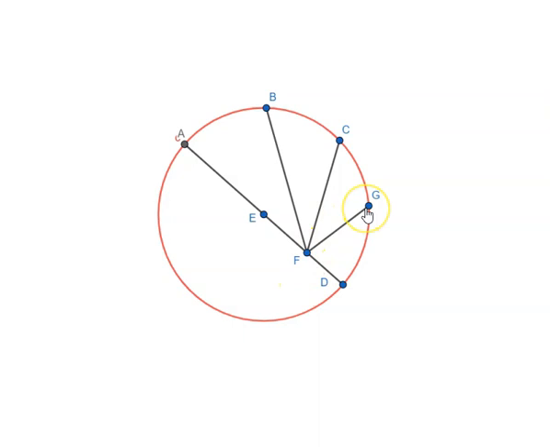So G is nearest, C is farther, B is much farther and A is much farther than B. And the proposition also says that there is no other point on the circle which will have the same distance from F other than a point on the opposite side of the diameter. So there will be one more point here which will be equal to FG. There will be no other point. So that is the proposition.